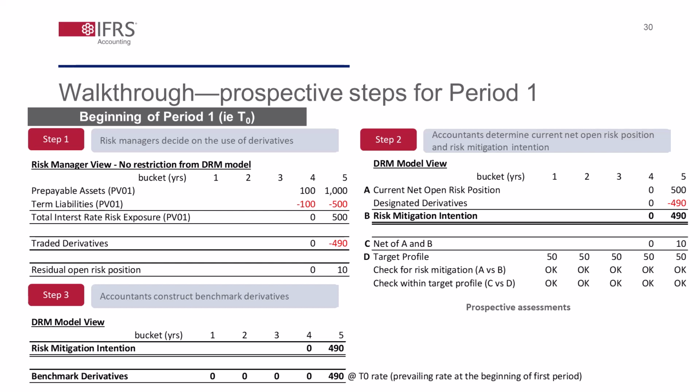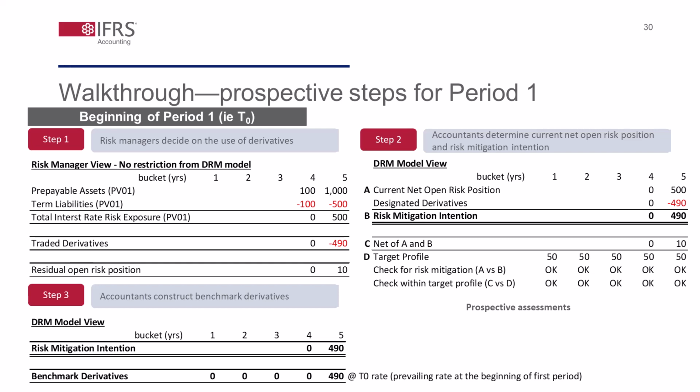Since the risk mitigation intention is a risk exposure within a particular time bucket, it cannot be measured directly for financial reporting purposes. As a result, the DRM model requires the entity to construct the benchmark derivatives. This is step 3 of the DRM model cycle.